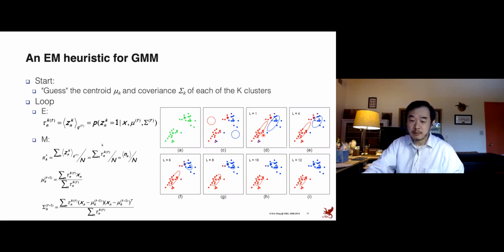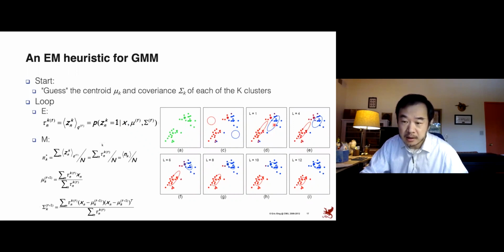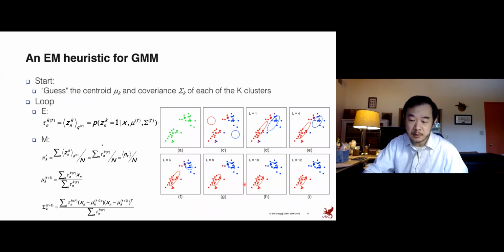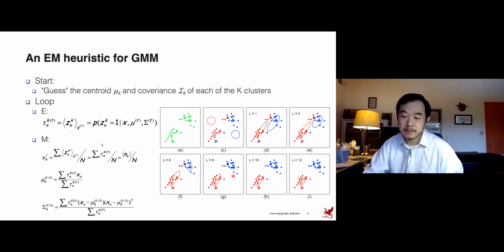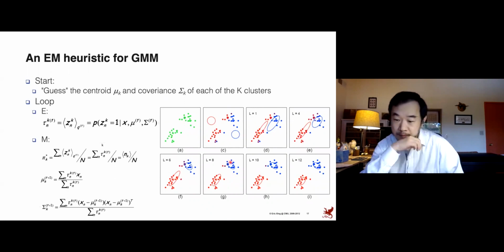Therefore, you are going to redo the assignment of every data point. Some of the points, like in here, get reassigned to be more blue, and here they are going to be more red, and then you recompute, and you go on and on until convergence. So that's the EM step.